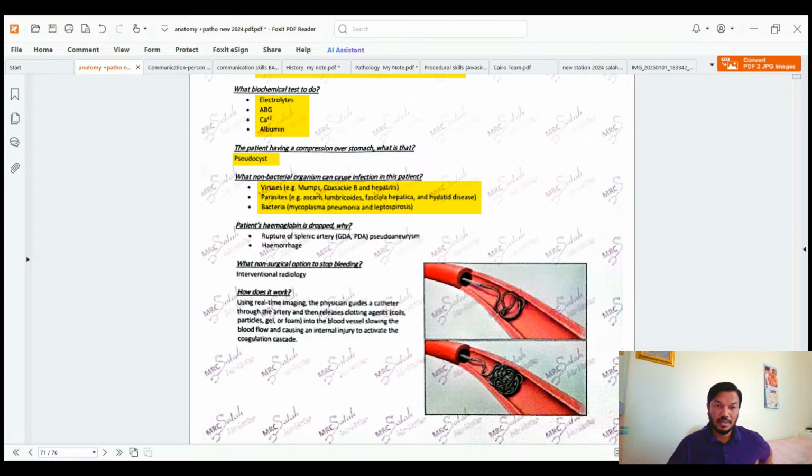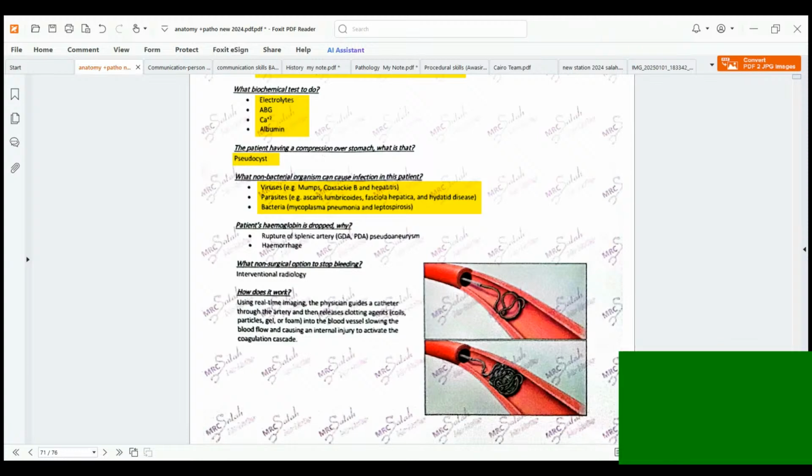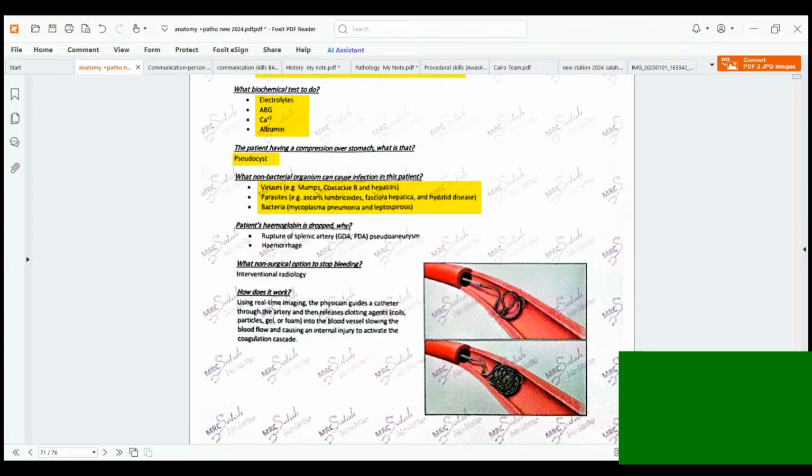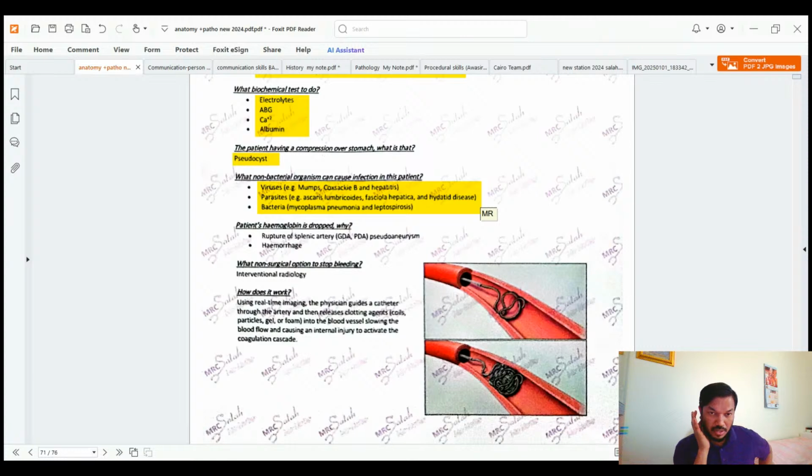Hereditary disease, and bacteria like Mycoplasma pneumoniae and leptospirosis. Okay.